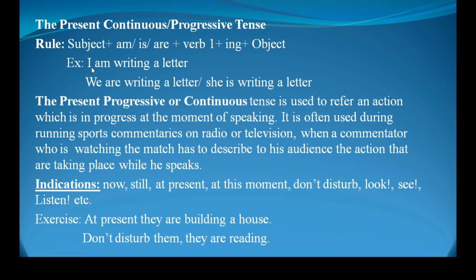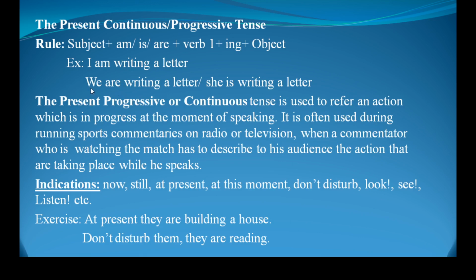So here I is the subject, am is the helping verb or present continuous verb or auxiliary verb. Write plus ing form, writing, plus a is an article, letter is the object. And we is the subject, are is the helping verb.